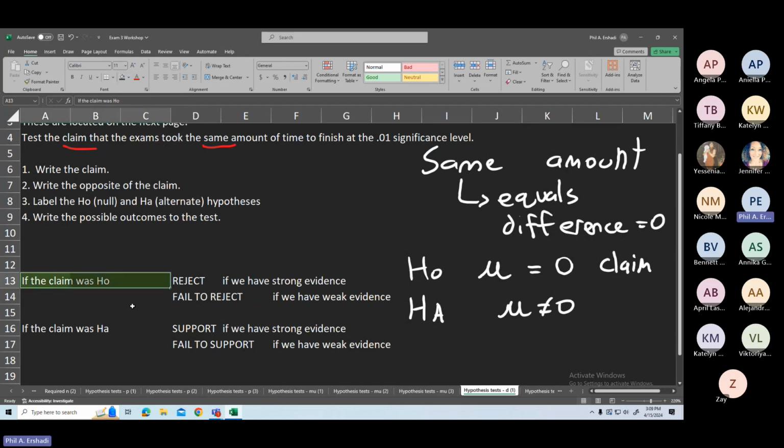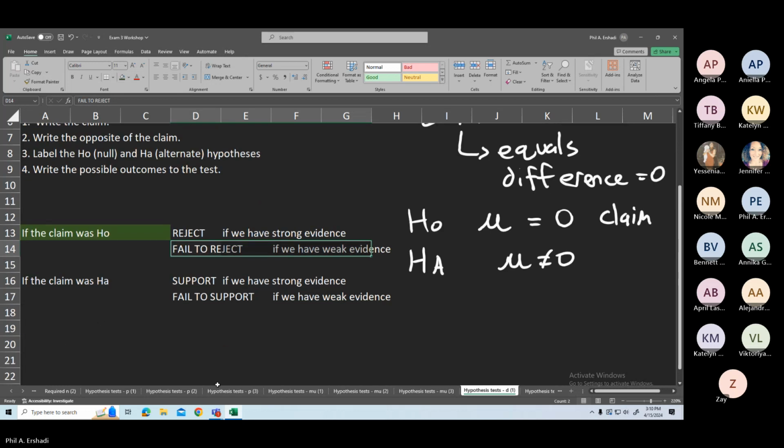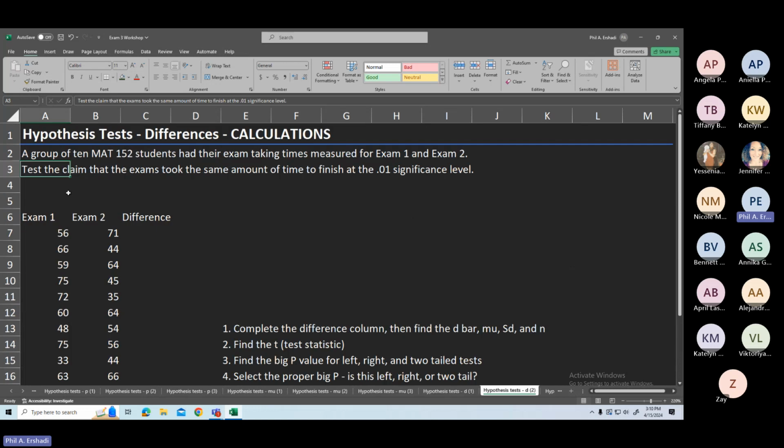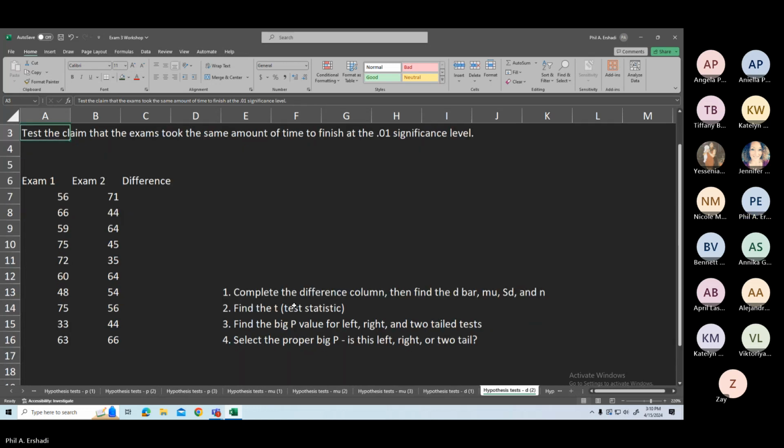So there's two things that could happen. If we have strong evidence, we reject the claim. And if we have weak evidence, we would fail to reject the claim. And if the claim was alternate, we would word it differently, but that's fine. So let's move on to the next part because I'm a little low on time.